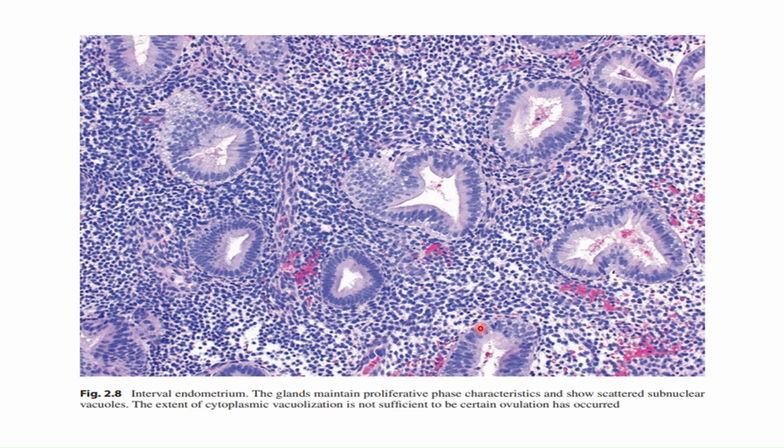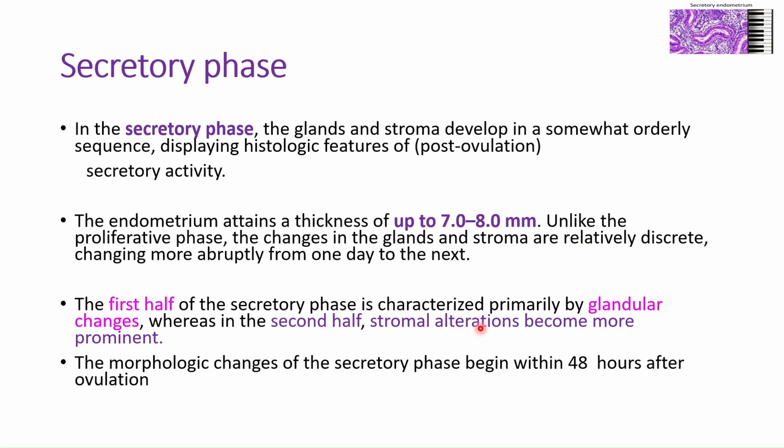Whenever ovulation is present, there is excessive amount or more than 50% of glands show subnuclear vacuolization. Secretory phase, where the glands and stroma develop in somewhat orderly sequence, displaying histological features of post-ovulation secretory activity.